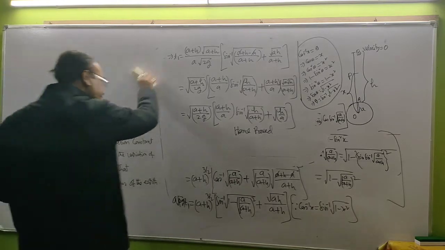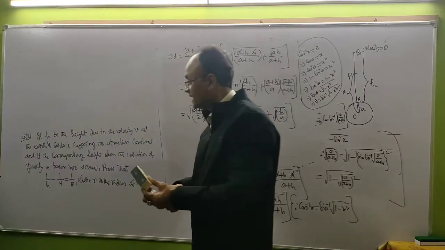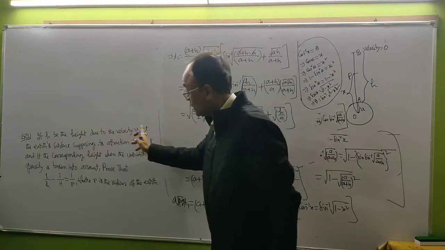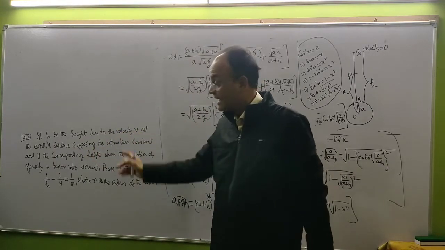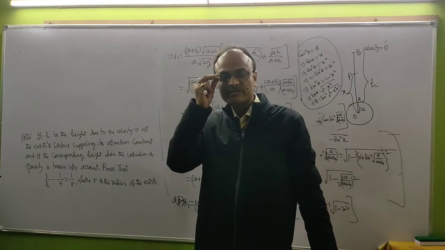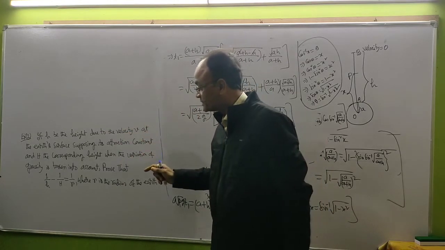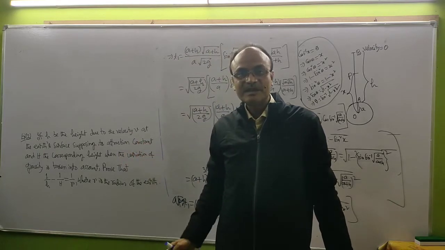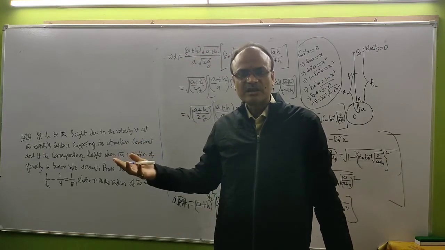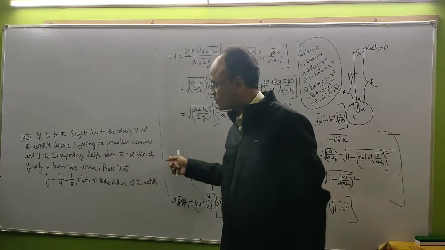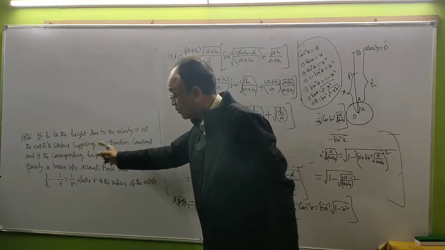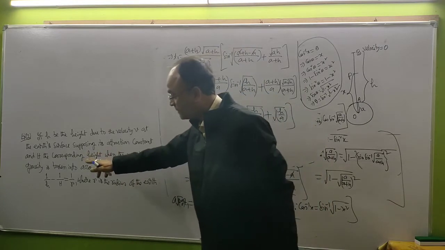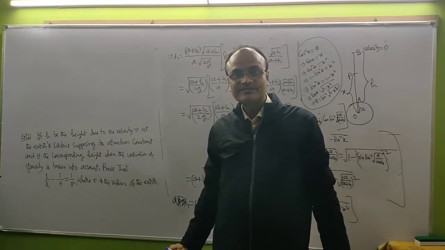Number 2: If h be the height due to the velocity v at the earth surface, supposing its attraction constant, motion under constant acceleration, attraction constant, and h the corresponding height when the variation of gravity is taken into account.